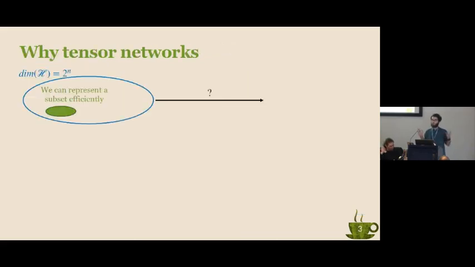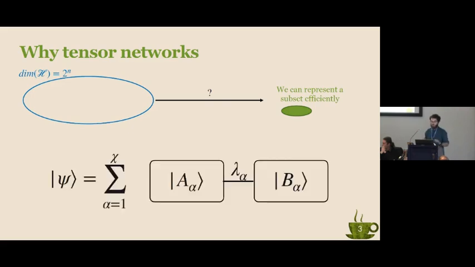So the whole idea is that, yes, the Hilbert space of n qubits is exponential, but we can represent a subset of this huge Hilbert space efficiently. And the whole idea of tensor networks is, let's say, to use the Schmidt decomposition, if you're familiar with that.